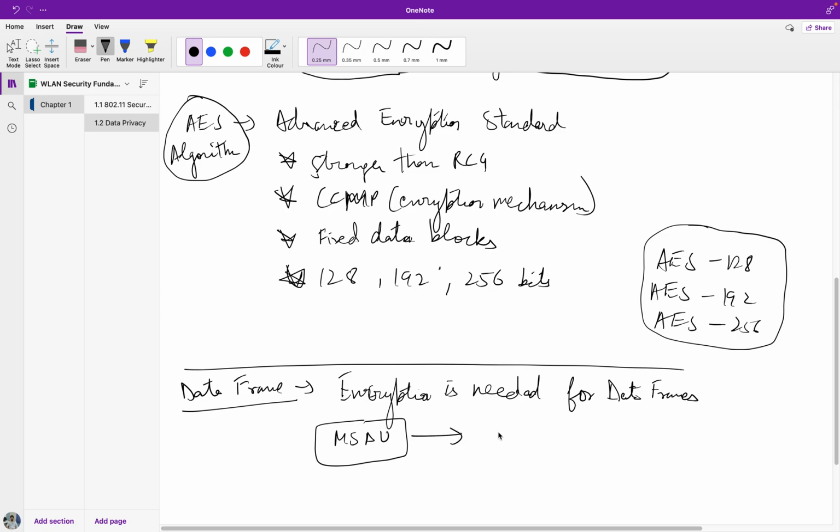This is the one that needs to be encrypted. This has the data, the MAC service data unit, also called the MSDU. This is what is encrypted inside the .11 data frame, this small part of it, right?